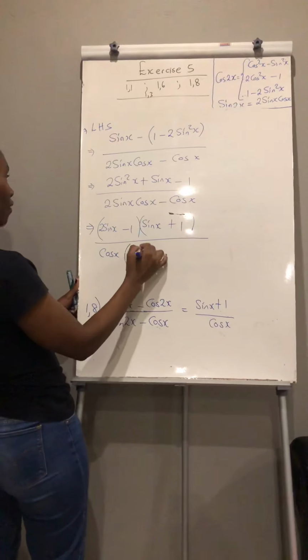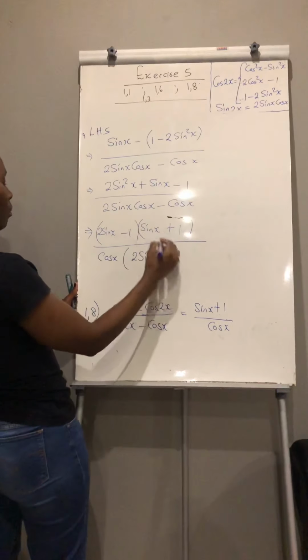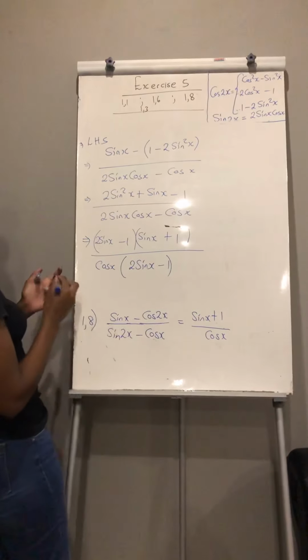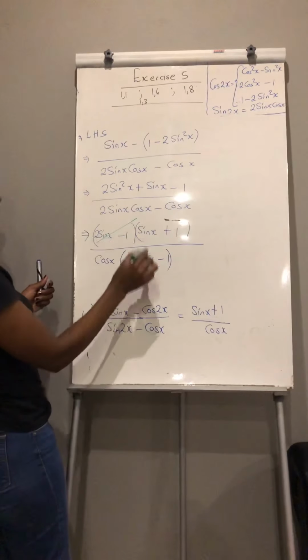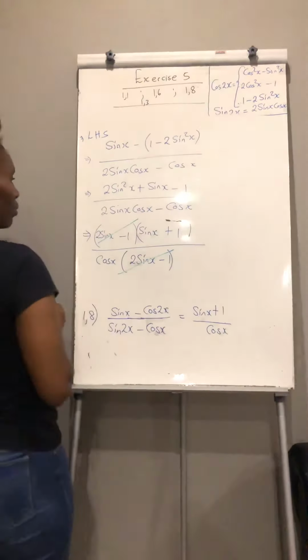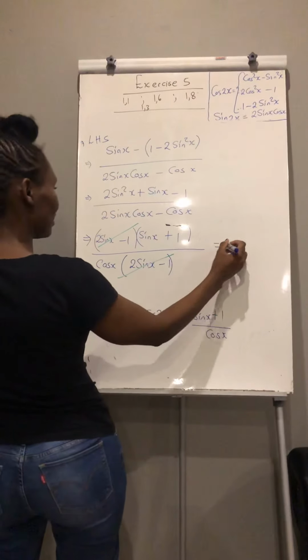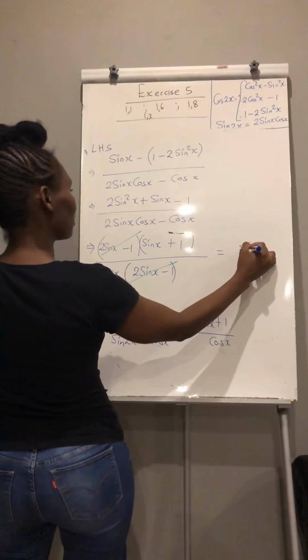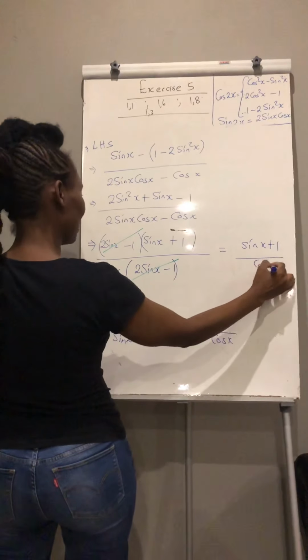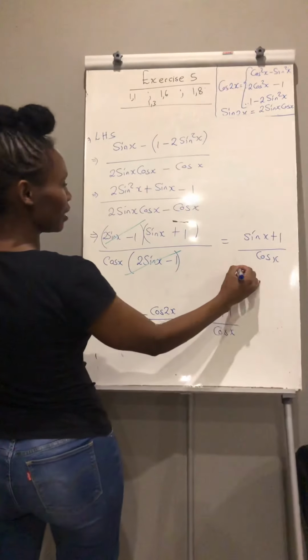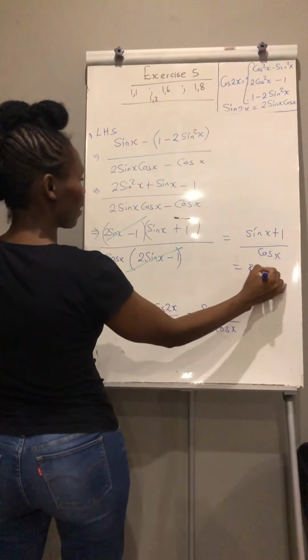Then we also have 2 sine x -1. Beautiful. Notice how this one will cancel. This one and that one, they will cancel to give you what you've been meaning to get all this time. And that is this one, sine x +1 over cos x. Hey, notice how it is exactly equal to the right hand side.